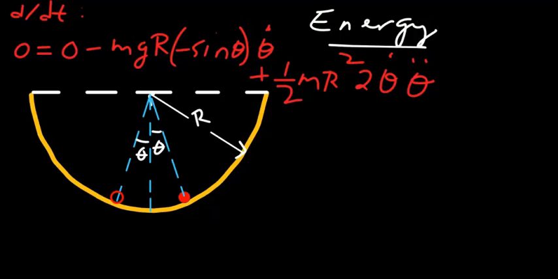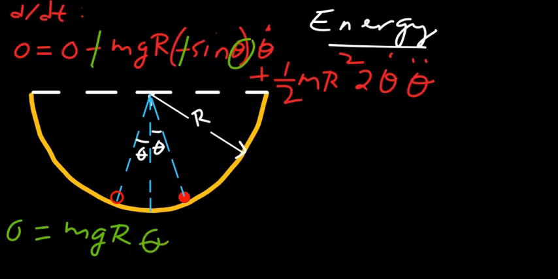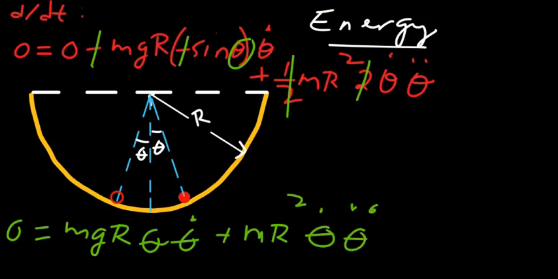So let's simplify the above equation. 0 equals, this minus will kill that minus, so mgr. Theta is very small, sine theta approximately equals theta in radians. Theta dot plus, this will cancel that too, so m r squared theta dot theta double dot. A few things will cancel. M will cancel, r will cancel one of the r from the second term, theta dot will cancel this theta dot.